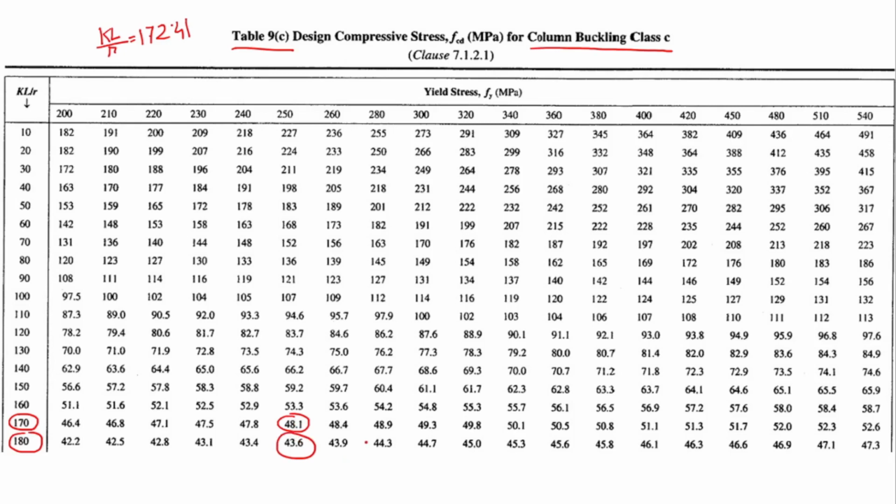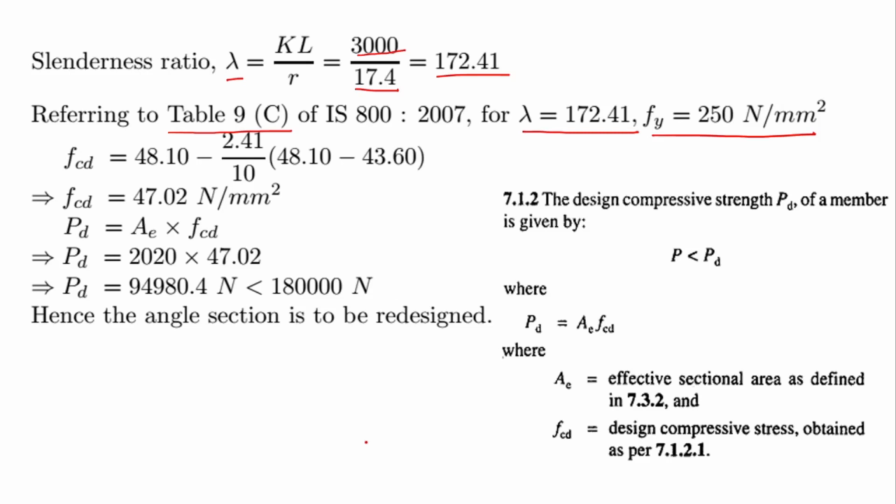So we have to interpolate in between 48.1 and 43.6 to get the value of design compressive stress for slenderness ratio 172.41. So here I have interpolated. For 170, design compressive stress is 48.1, and for 180 design compressive stress is 43.6.